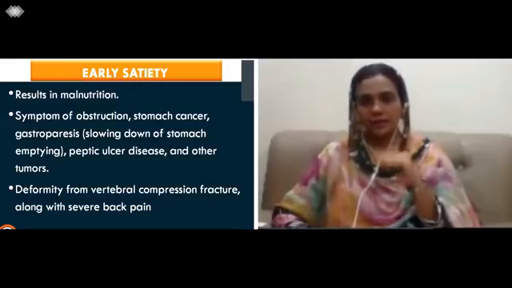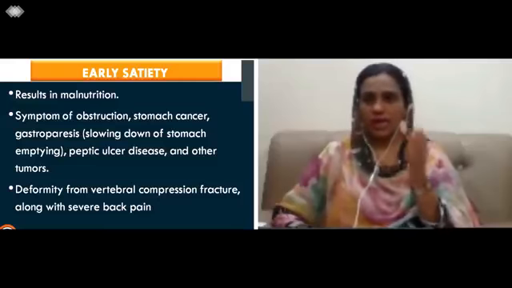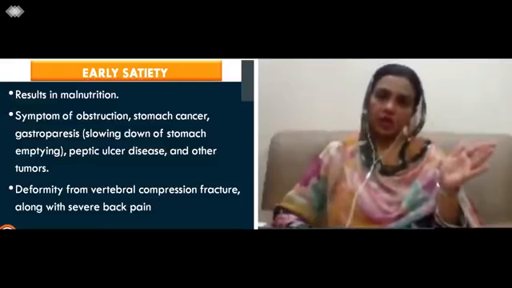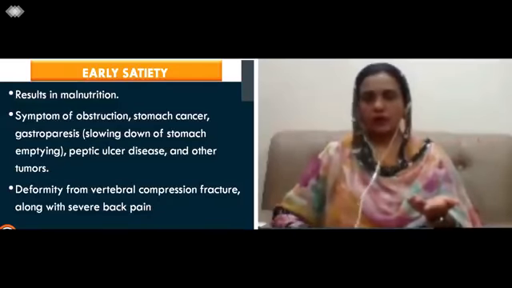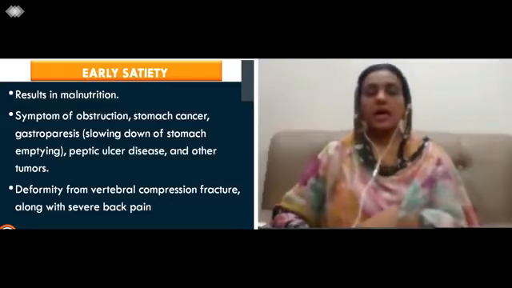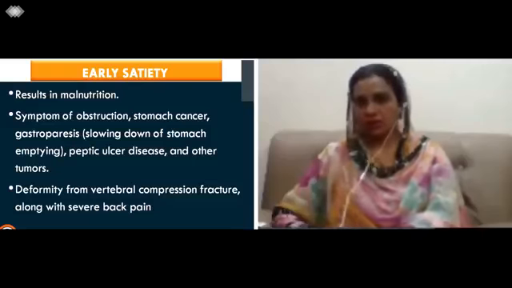This satiety is not in proportion to the level of hunger or to the previous meal taken. If it continues for a long time, it can result in malnutrition.